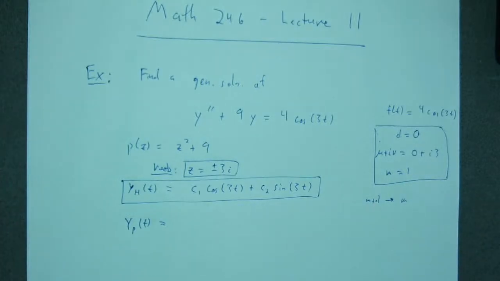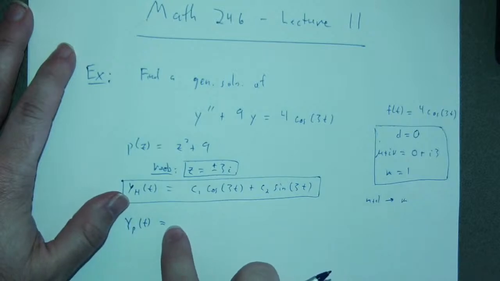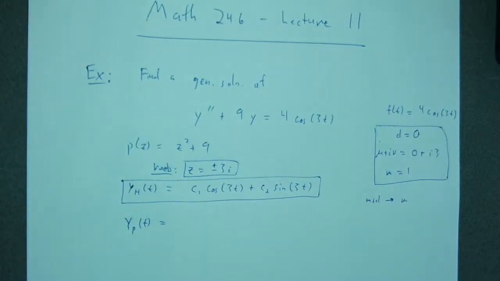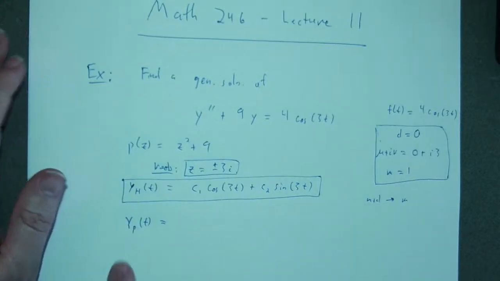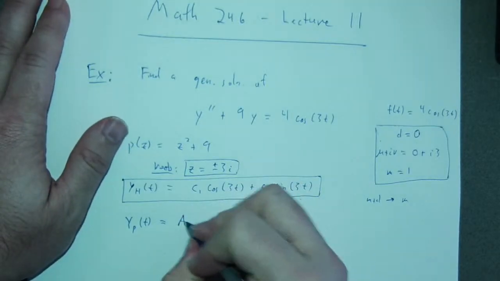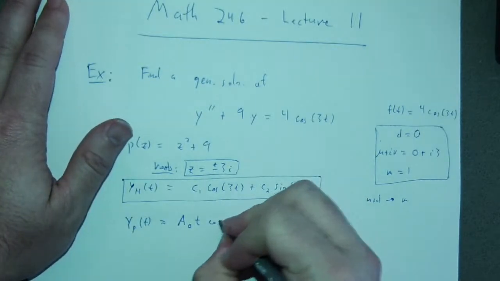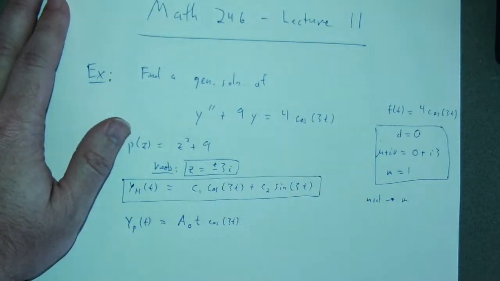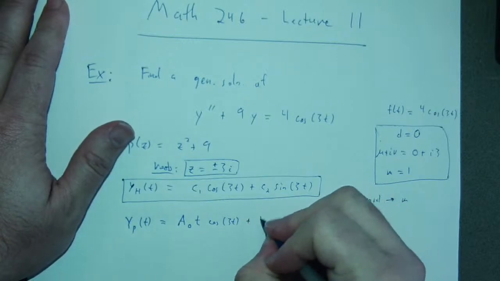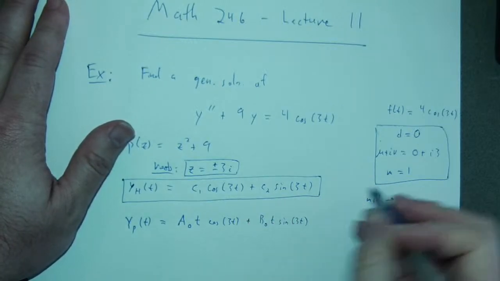So this tells me that I'm only going to have t terms showing up here. So the particular solution here is going to be of the form a naught t times cosine of 3t plus b naught t sine of 3t.